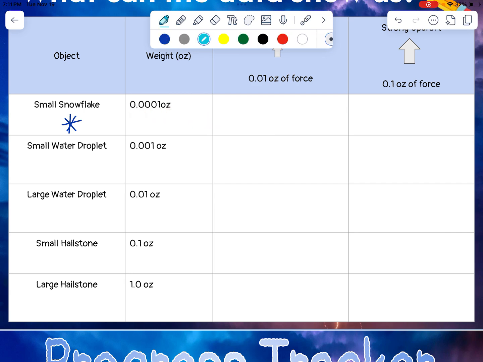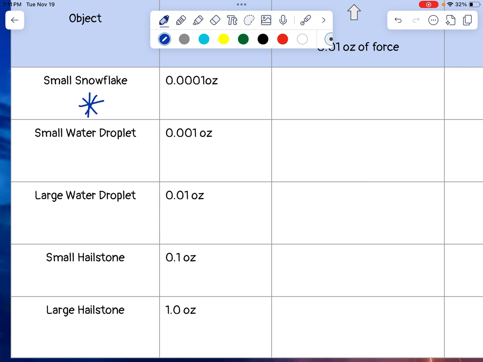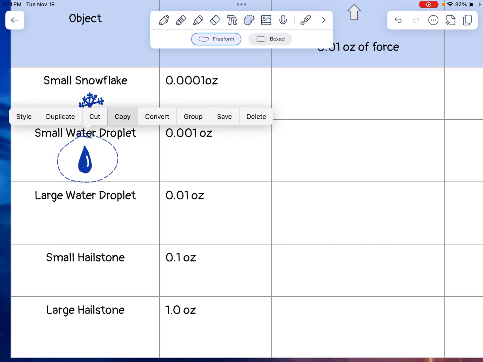One little water droplet, so I'm going to draw a single water droplet. I think perhaps we can use our strategy. We're going to draw something nicely one time, and then we'll be able to copy paste it a couple times. Okay, so I've got a small snowflake, a small water droplet. Let me give it a little, look at this, we're going to give it a little shading. Look at that, beautiful. We will also have a large water droplet.